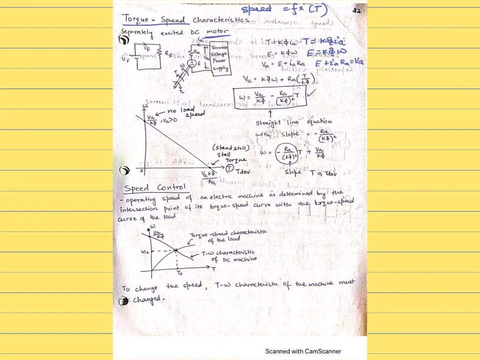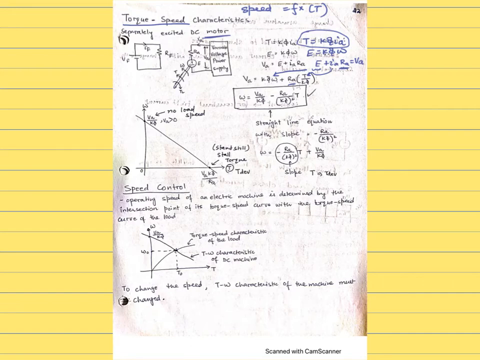Now you can substitute the expression for E and the expression for IA in there. The expression for E is substituted as K phi omega, and RA is kept as it is. The expression for IA is T over K phi. We want speed to be a function of the torque, so that's why we're manipulating this equation.